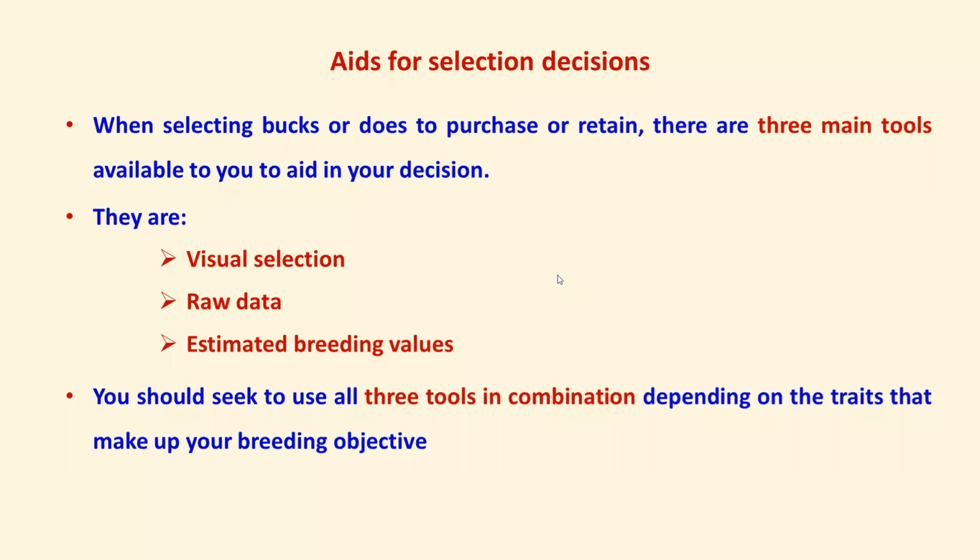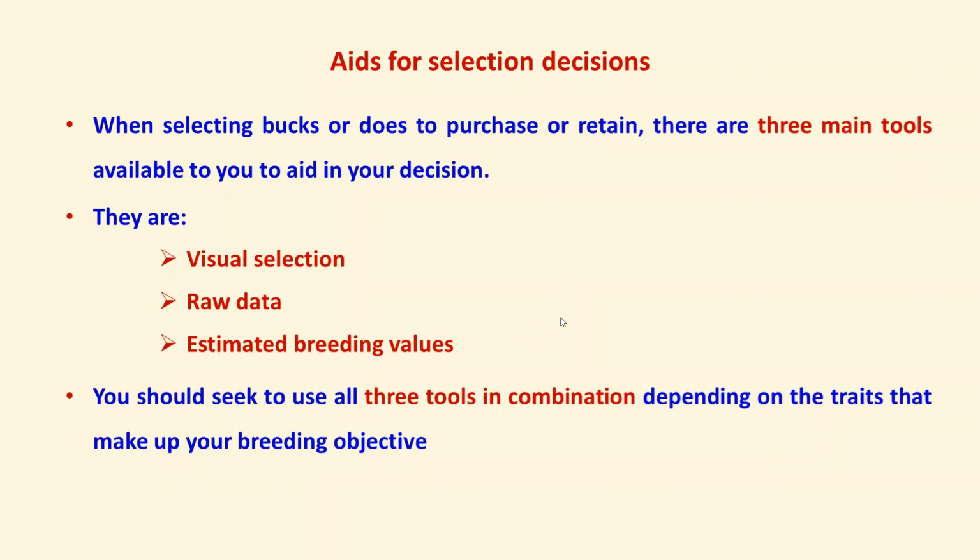If you select the animal only based on raw data, you will not be successful in selection. Definitely, you have to combine visual selection plus raw data. If you are using only the raw data, you have to correct the data for some environmental factors, which we are going to discuss in later parts. This is just the introduction.